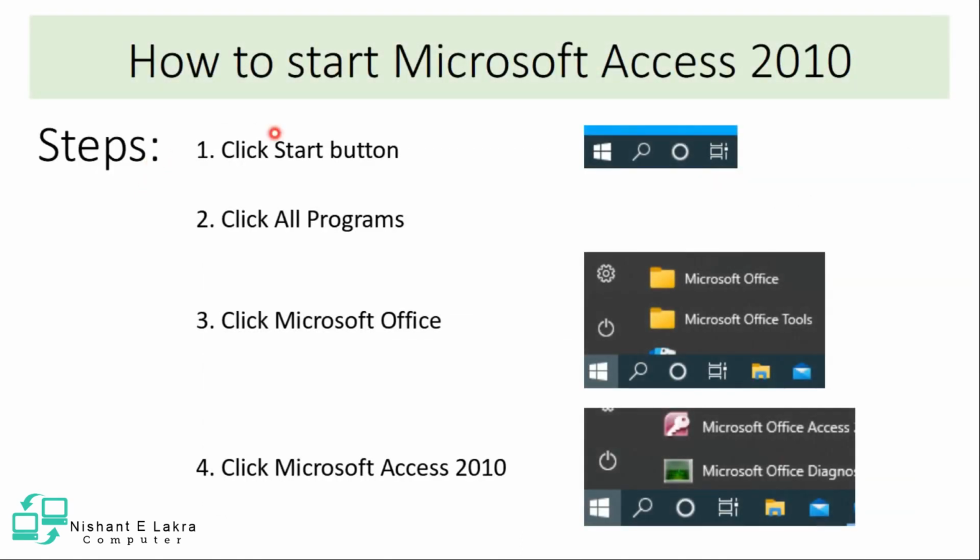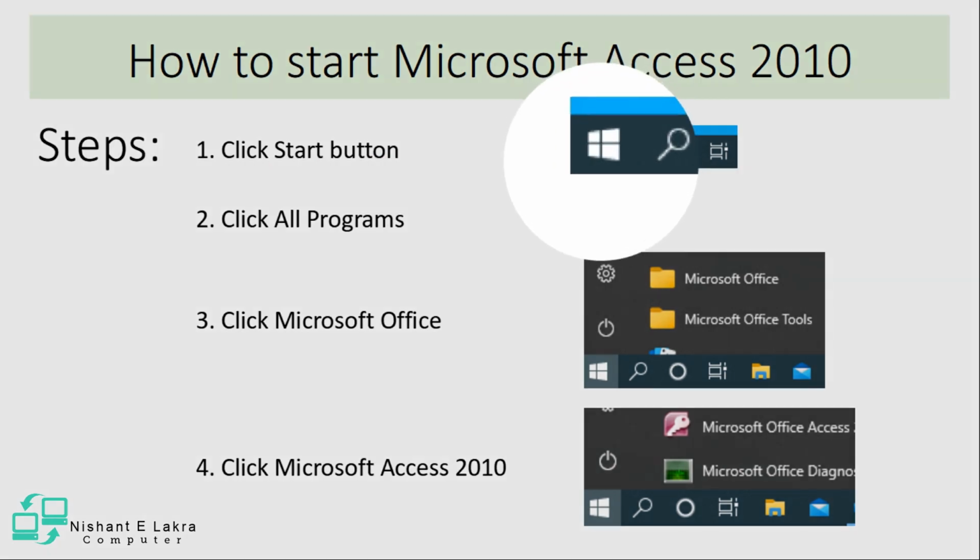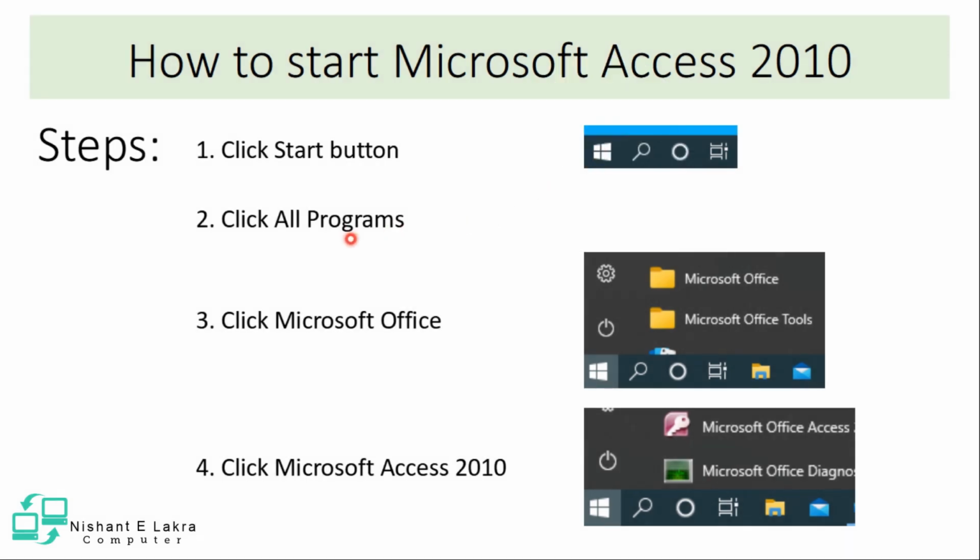Now let us understand how to start Microsoft Access 2010. The first step is to click the Start button, right? You notice that this is the Windows Start button. You have to click on this, and after that the option All Programs will appear. Now remember, if you are using Windows 7 or even Vista, the All Programs option won't appear directly; instead, all the programs will be listed.